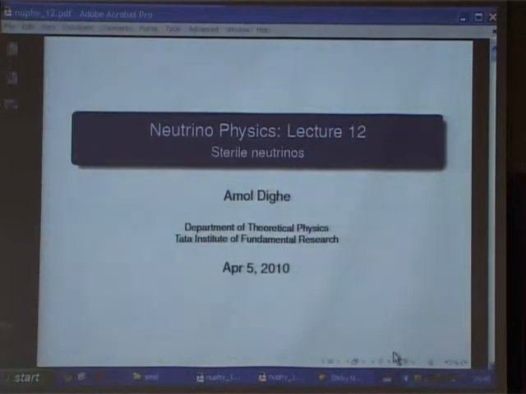So what we will do today is we will see whether whatever we have developed, the neutrino formalism, is all there is, whether that formalism is enough to handle all situations. It turned out that there was one experiment which told us that perhaps that formalism is not enough, and we have to go for more than 3 neutrinos.